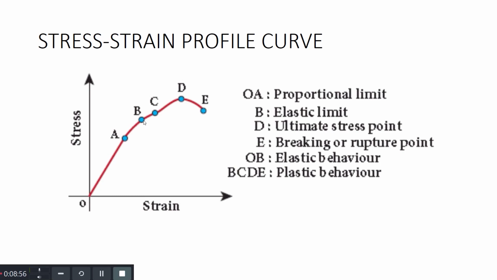Elastic limit means that the body can regain its original shape. I hope that you have understood this stress strain profile. It is very important from a physics point of view, and different materials have different stress strain profiles depending on points A, B and D, E, which are very important.